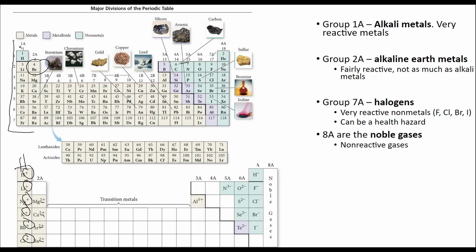The next group we are going to look at is all the way over the right, 7A or group 17. These are your halogens, right? F, Cl, Br are what we consider the halogens. These are gases at room temperature. Very reactive. Again, you're never going to find chlorine or fluorine gas just hanging out in nature.